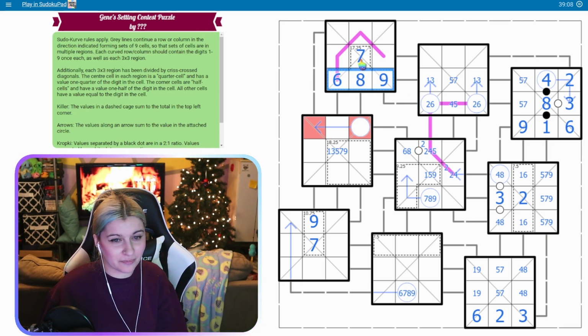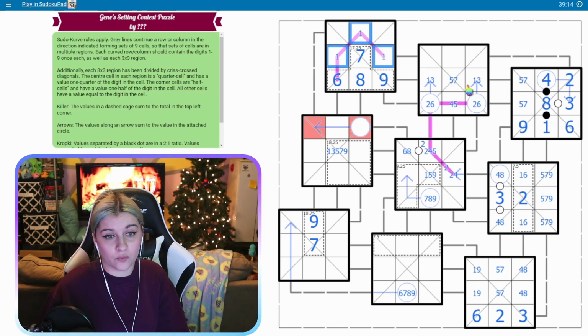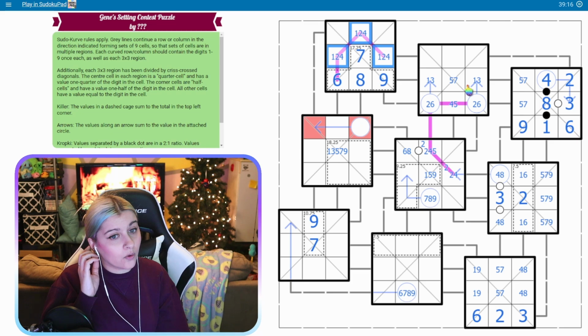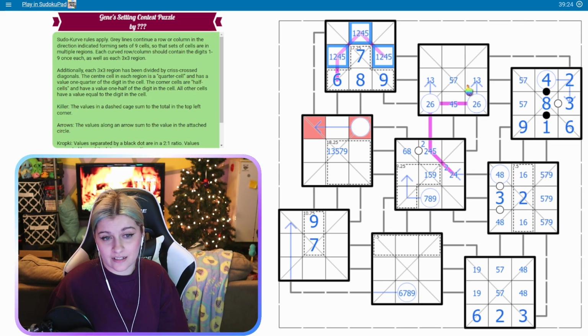Believe that is 17.25. So I have a 3 on this line now. I could have a 1, 2, 3, 4, or at the most, I could go 3, 4, 5, 6. But I can't have another 6. So it's either 1, 2, 3, 4 or 2, 3, 4, 5.